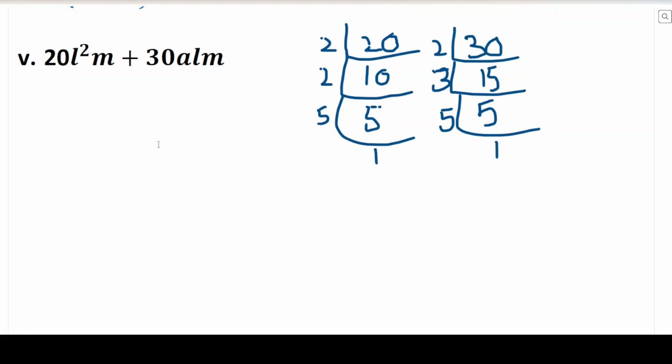So 20 L square M we can write as 2 into 2 into 5, and L square M as L into L into M.